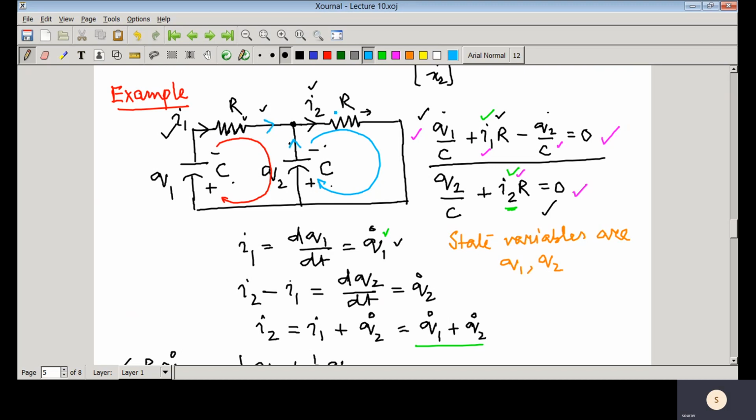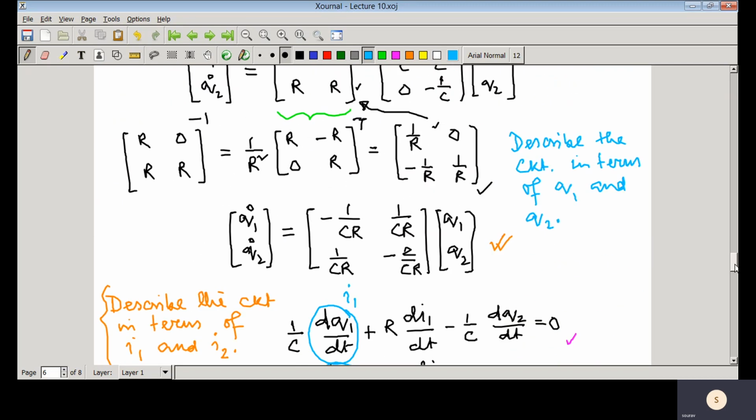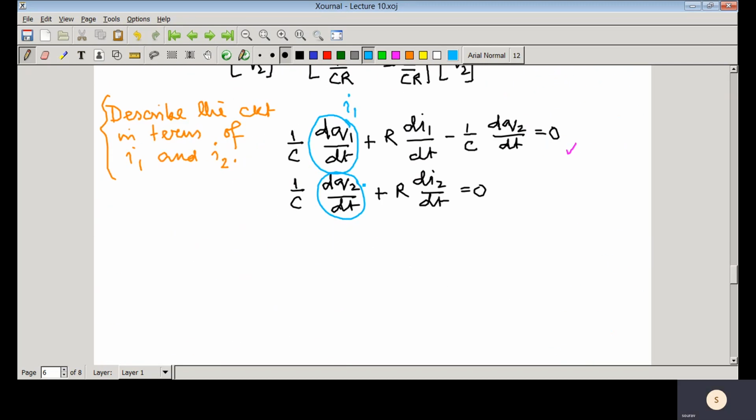So I2 is equal to I1 plus dq2 by dt. That means dq2 by dt is equal to I2 minus I1. So now we will just write these equations here.